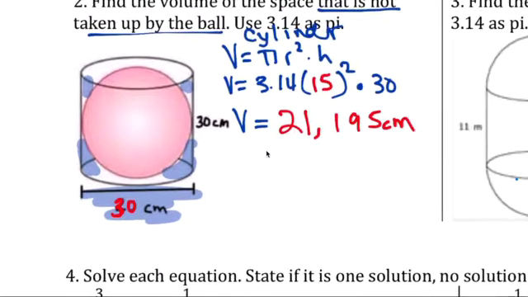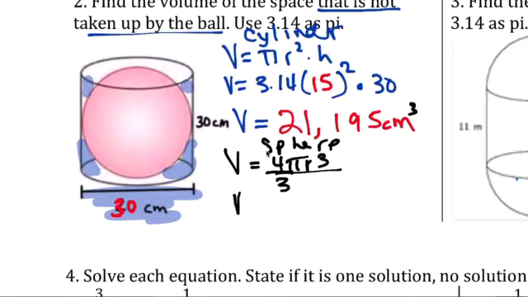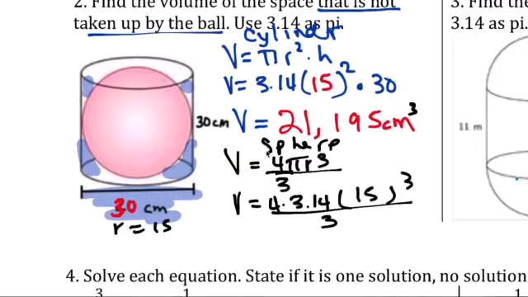Now, volume of a sphere is 4 over 3 pi r cubed. So volume equals 4 times 3.14, which is 12.56, times radius cubed. The radius in this case is 15. Cube that, and then you divide it by 3. So 15 times 15 times 15 is 3375.